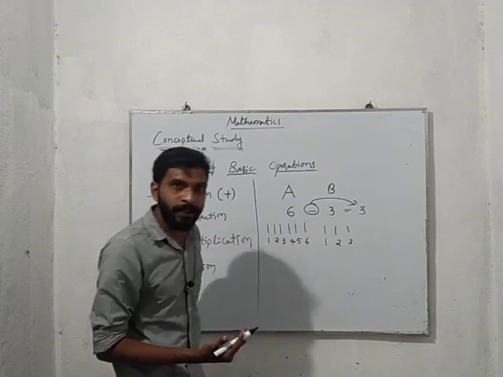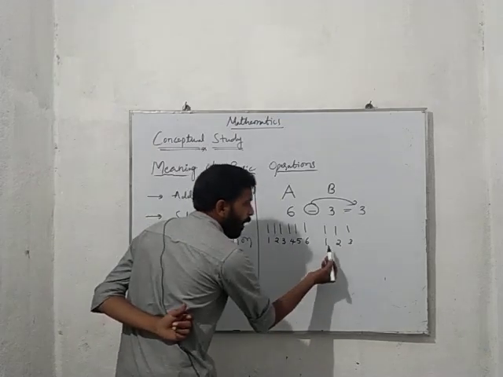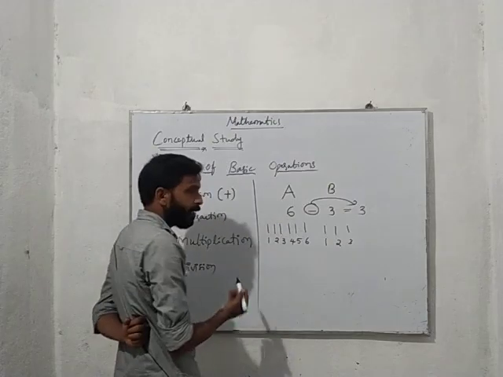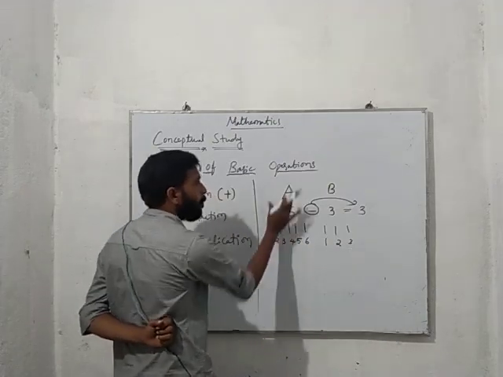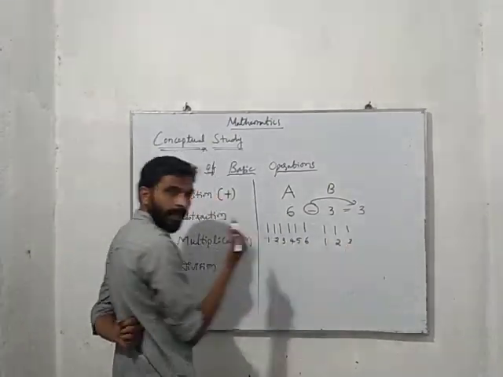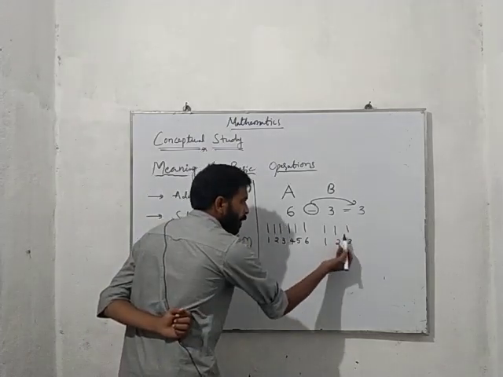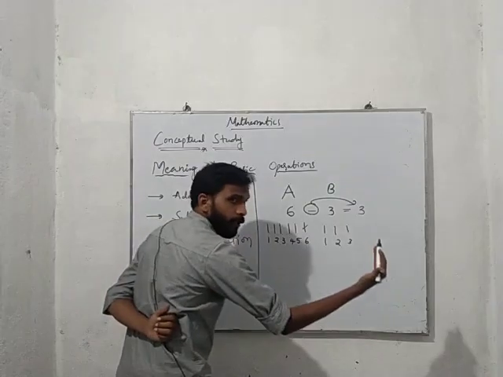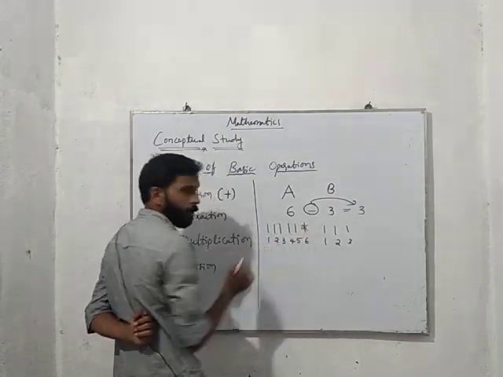See, how many do we have here? 3, right? So these 3 chocolates we are going to remove from person A, from right to left. First I removed this one.